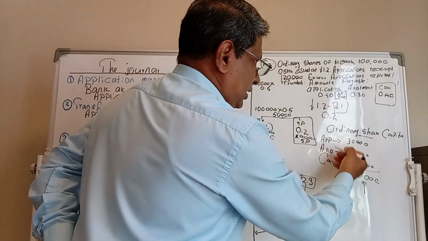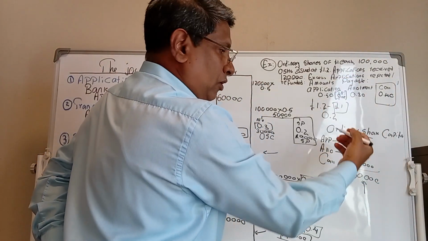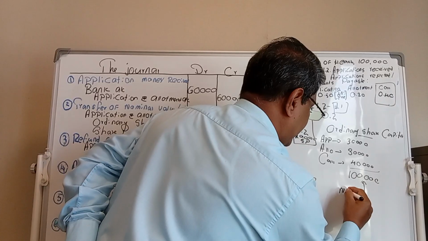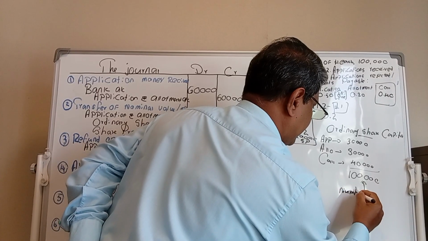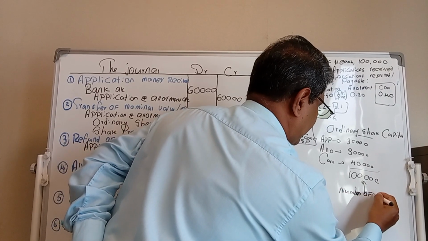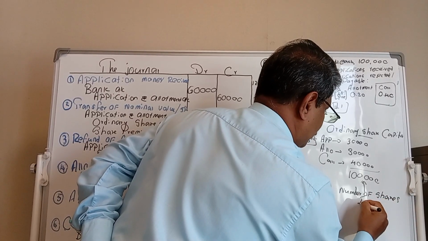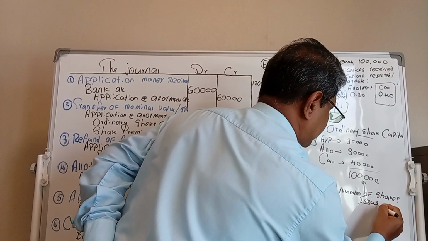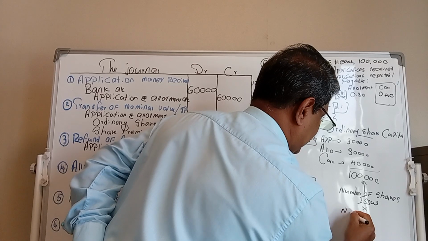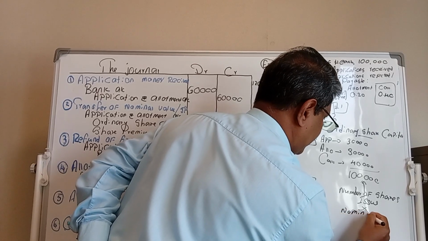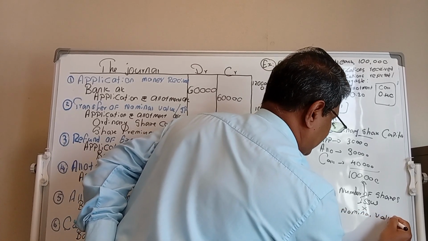The balance in the ordinary share capital has to be always equal to the number of shares issued multiplied by the nominal value of a share.